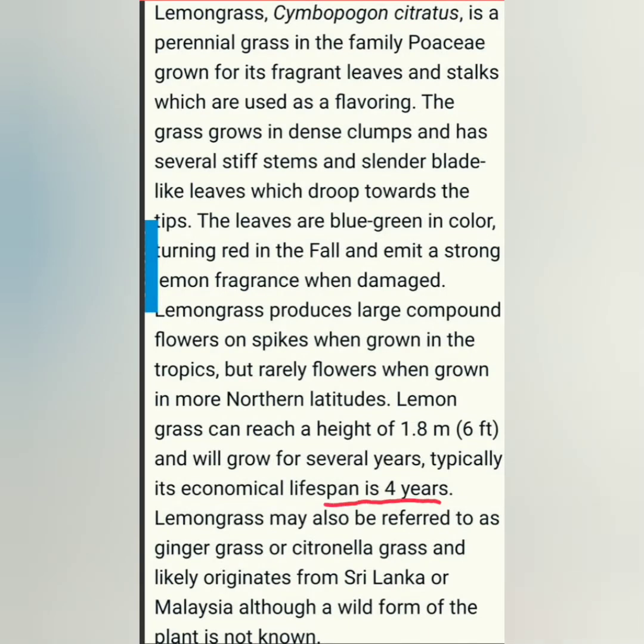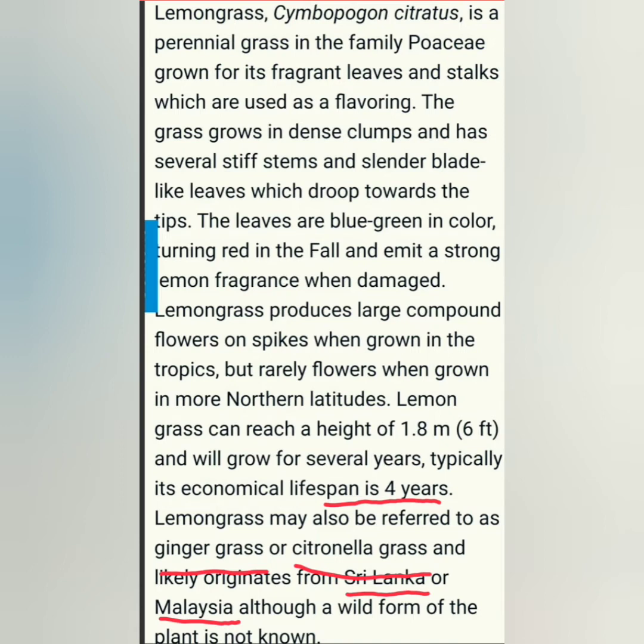And lemongrass may also be referred to as ginger grass or citronella grass, and it likely originates from Sri Lanka or Malaysia, although a wild form of this particular crop plant is not yet known.